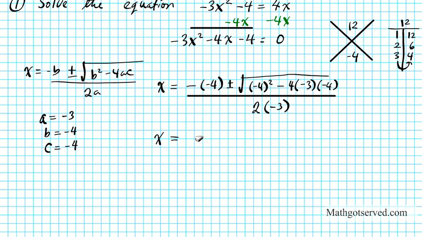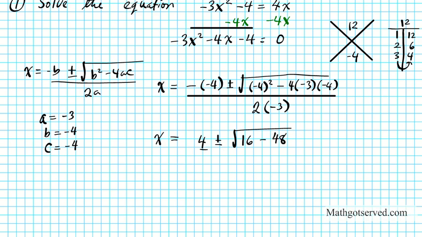So we have x equals negative times negative is a positive. So we have 4 plus or minus the square root of negative 4 squared is 16. Remember, whenever you square a negative, it's a negative times a negative, and that's positive. And we have minus times minus is plus, times a minus is negative. Right? So minus 4 times 3 is 12. 12 times 4 is 48.